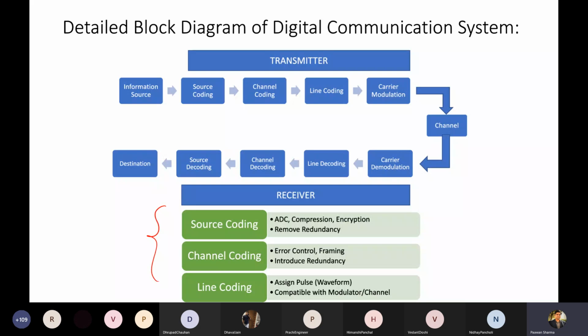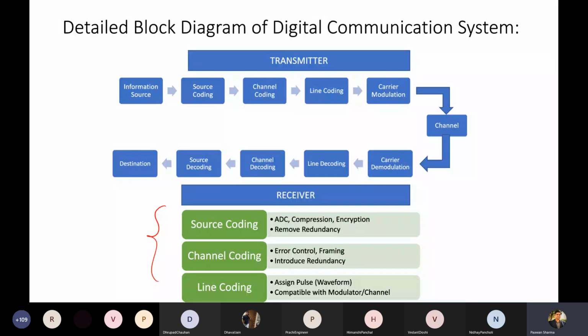Whereas what is the aim of channel coding? Error control. Because error will happen when you transmit the data over channel. Now, when you receive it, first you have to detect whether any error has occurred or not, and then you need to correct it in case any error has occurred in the data. Error might come due to noise, channel characteristics, etc. So when we are transmitting over channel, we are introducing redundancy.